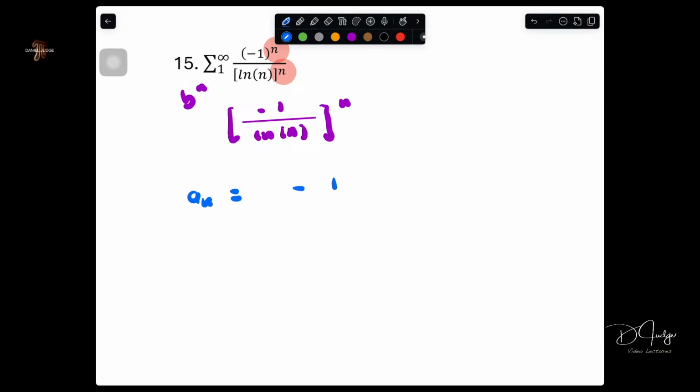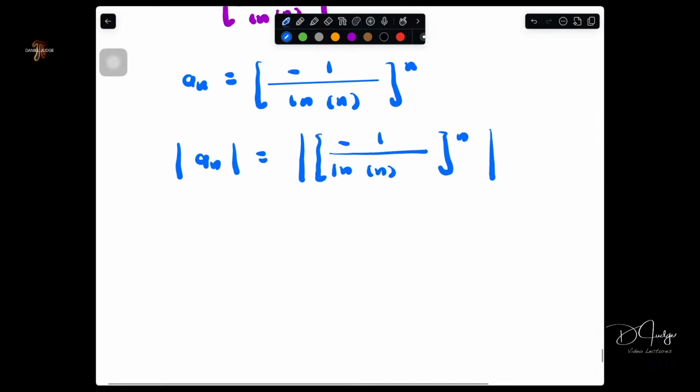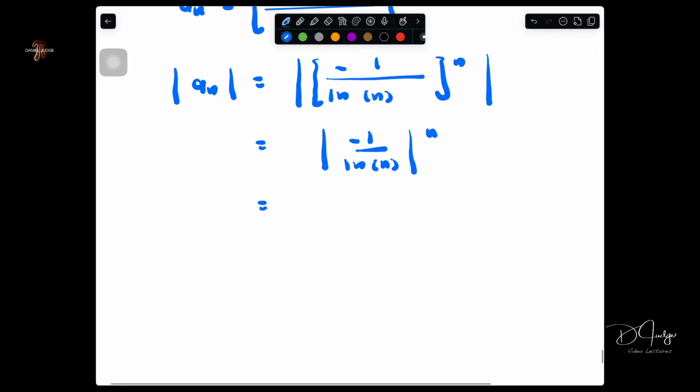an is -1 over the natural log of n raised to the nth power, so that the absolute value of an is the absolute value of -1 over the natural log of n raised to the nth power.